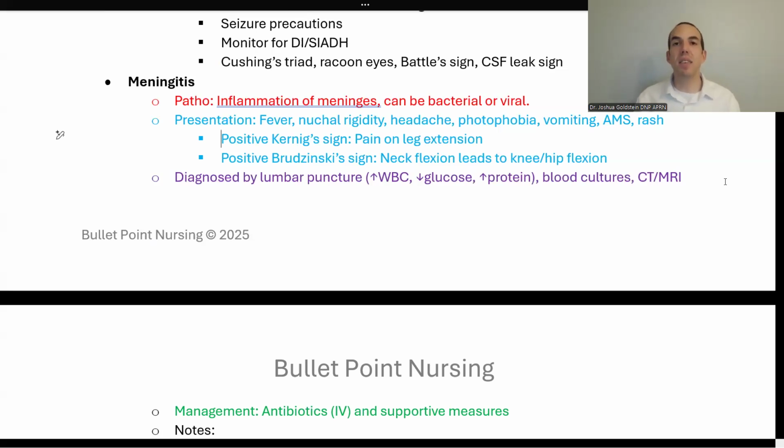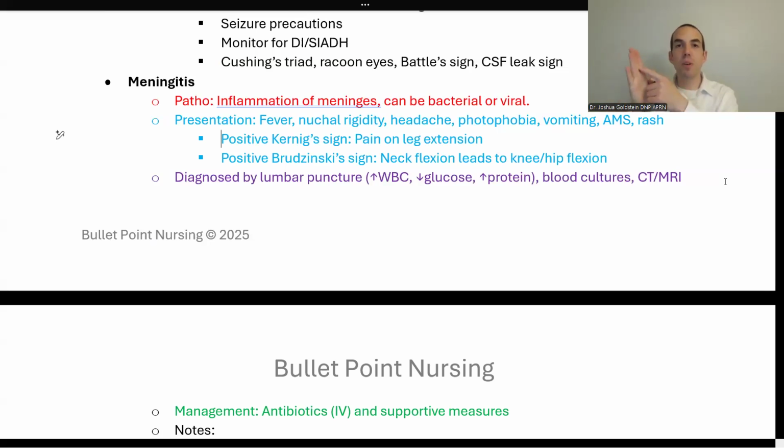And then finally, the CSF leak sign, which in most textbooks is called the halo sign. That's a little bit of an older term now, but it's where you take a gauze, and if you have any fluid or blood leaking out of the nose or ears of a patient that has a head trauma, you just touch the gauze to that.